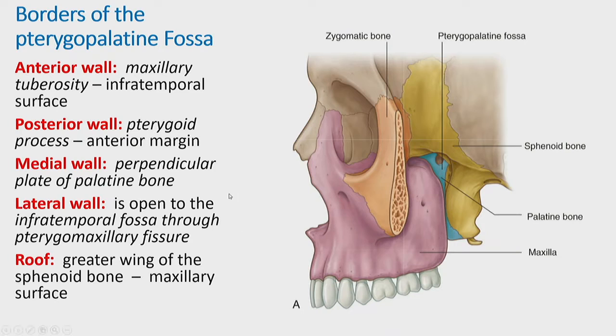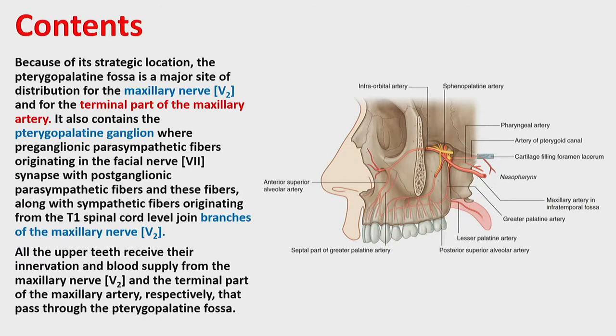And as we said, that the roof is made by the greater wing of the sphenoid bone, specifically the maxillary surface, which the foramen rotundum is open. The content, now you can understand. So here is maxillary nerve and the branches that we are going to discuss.